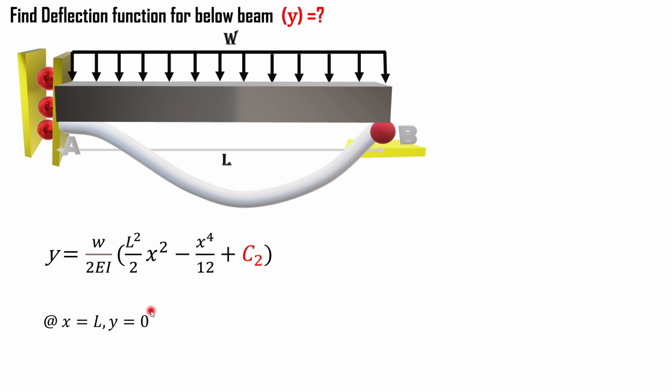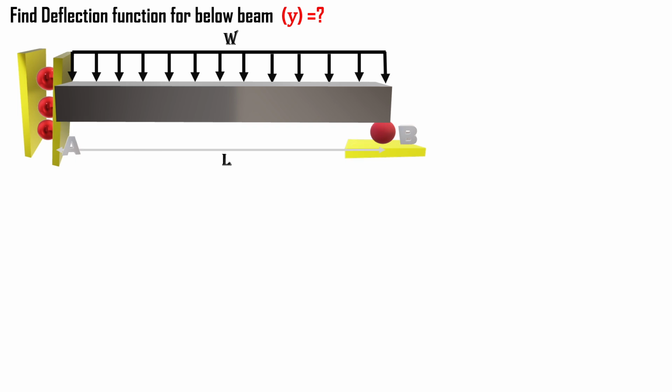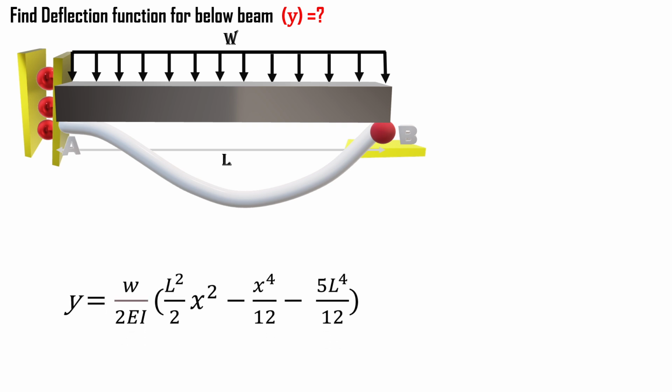At the end of the beam, there is no delta. So in that sense, C2 is equal to negative 5L to the fourth over 12. And if that's the case, we can easily get the function of y as the function you can see here, a parametric function for delta or the deflection function.